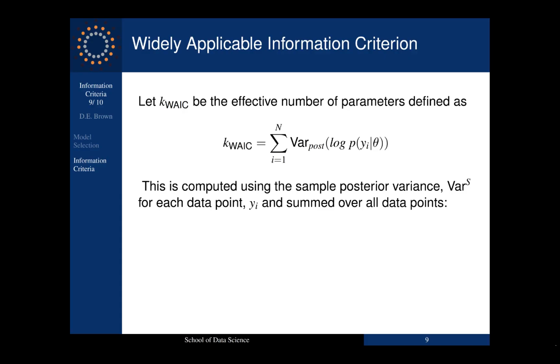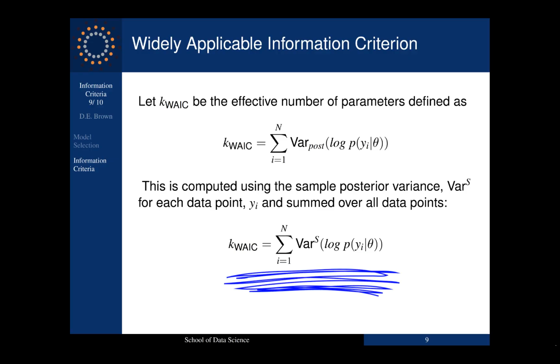We call that variance superscript S for each data point in our observation space, and we sum over all those data points. The k_WAIC is just the sum of all the variances that we get from this sample over all the observation points.